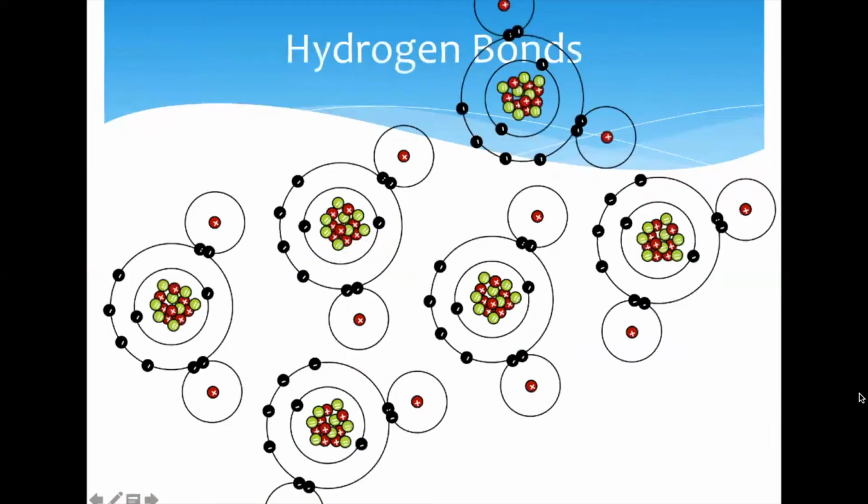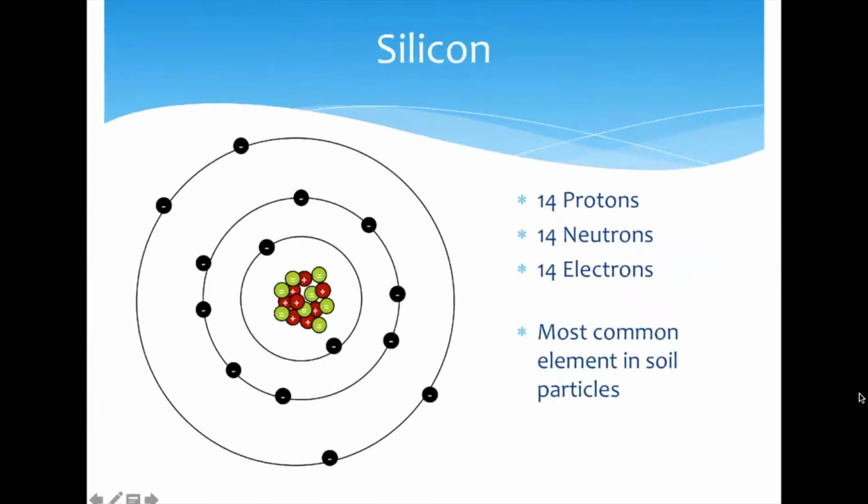Now we have hydrogen bonding, and hydrogen bonding occurs through adhesion. This adhesion force is responsible for the attraction between water and solid surfaces. Now we have silicon, which has 14 protons, 14 neutrons, and 14 electrons, and is one of the most common elements in soil particles, as you see now.